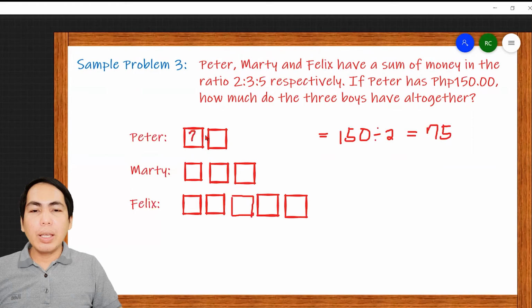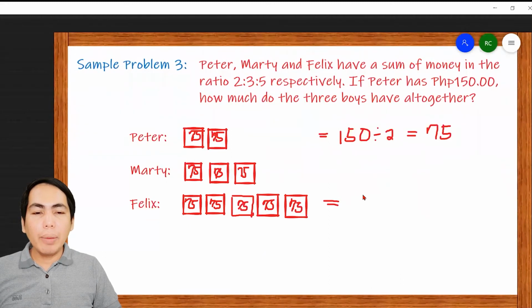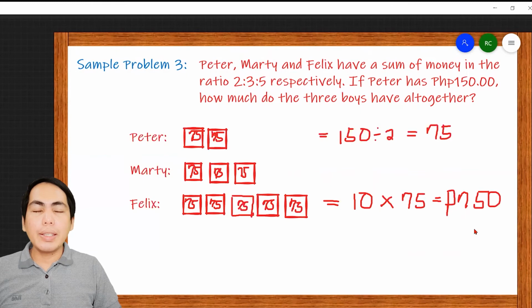So, each box is equivalent to 75. To get the total amount of money that the 3 boys have, we have to multiply the total number of boxes, which is 10, times 75, which is the value of each box, to give us 750 pesos.